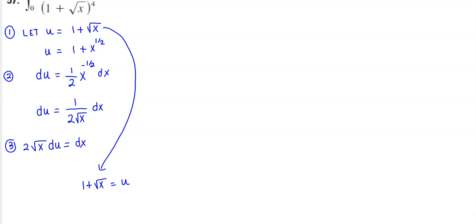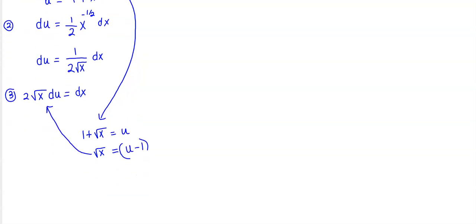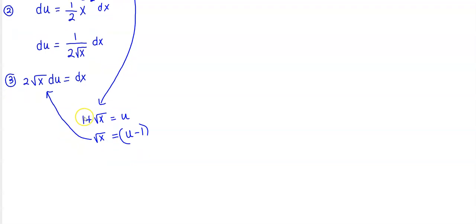If we want to solve for x, the square root of x is equal to u minus 1. Here we solve for the square root of x, not x. So we're going to write 2 times, and the square root of x is now u minus 1, du, which is equal to dx.